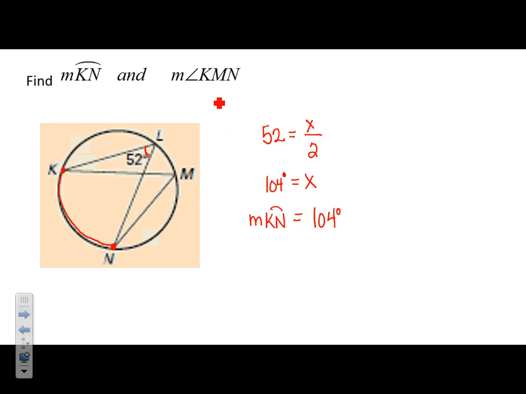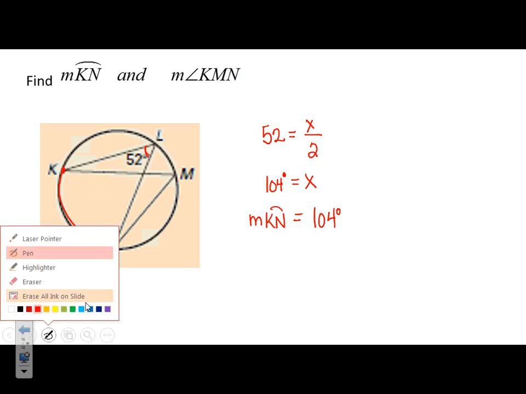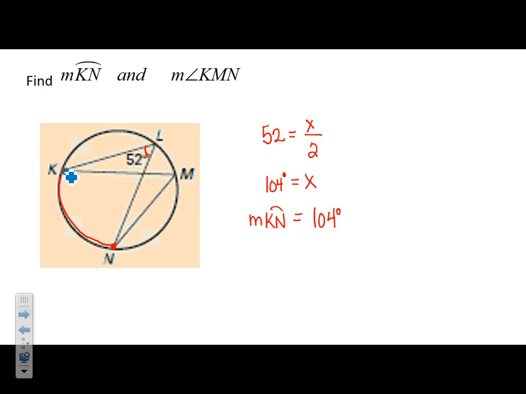All right, now let's find the measure of angle KMN. Angle KMN intercepts the same arc, therefore the measure of KMN will equal 52 degrees.